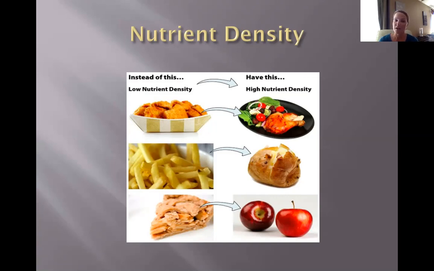Instead of French fries that are processed and have lost the skin, let's eat a baked potato with the skin. Instead of the apple pie, which is delicious and would be okay to choose sometimes, but maybe not every single day of the week, we choose an apple instead because it's lower in calories, higher in fiber, and lower in sugar and fat as well.